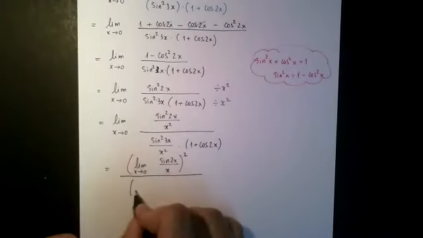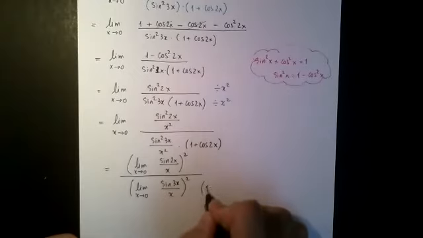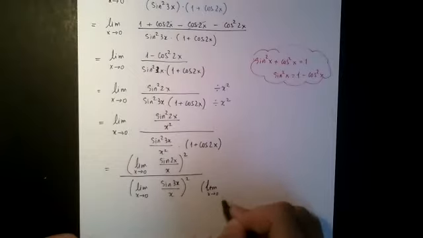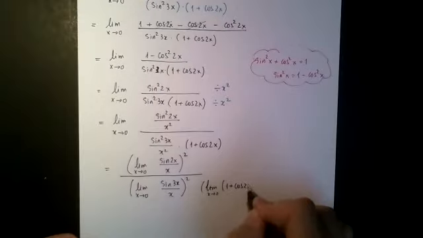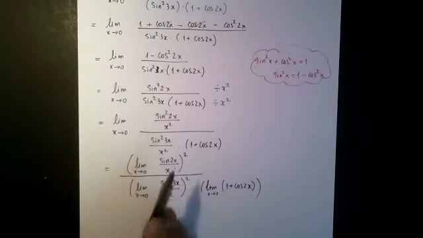On the bottom as well, the limit of sine 3x over x, to the power 2, and this one is also the limit as x approaches 0 of 1 plus cos 2x. So I can put the limit on every term.